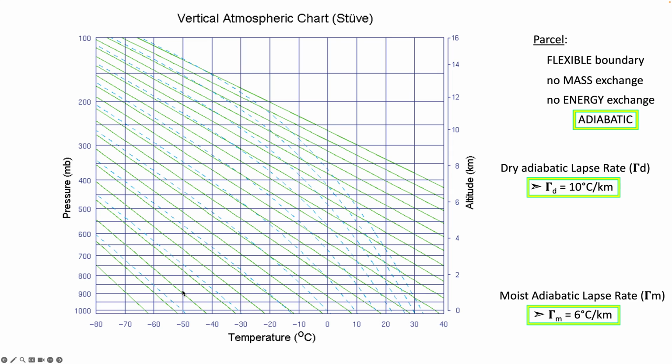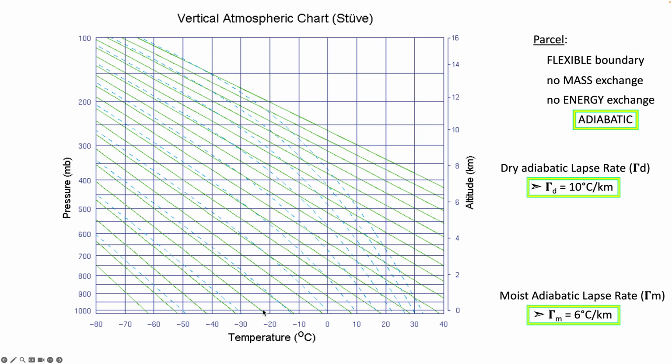Now let's go to our Stüve diagram. So in addition to our pressure horizontal lines and our temperature vertical lines, we now have these diagonal green lines and these diagonal blue dashed lines. These green lines are dry adiabatic lapse rate lines, or what I like to call dry adiabats.